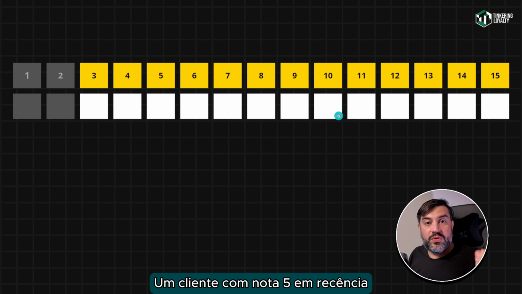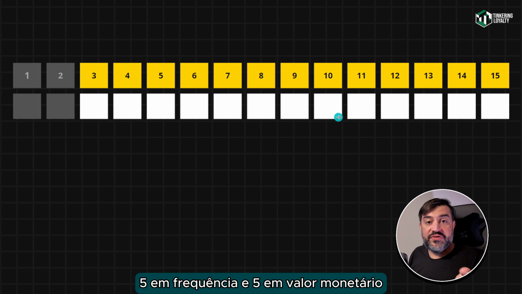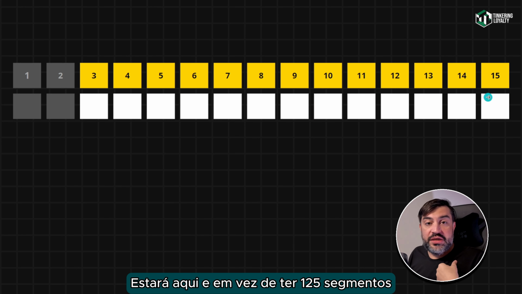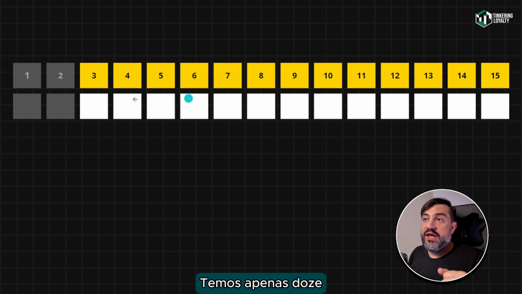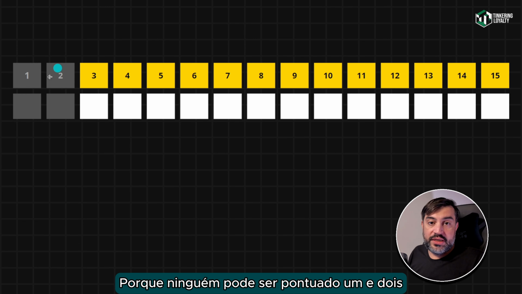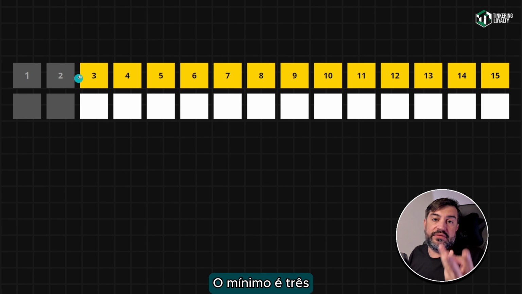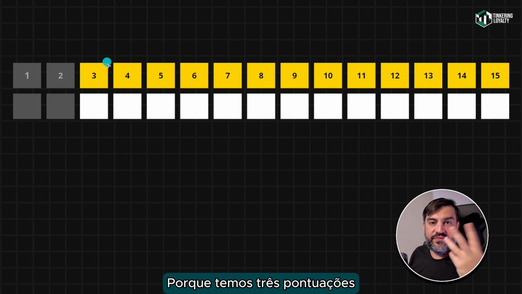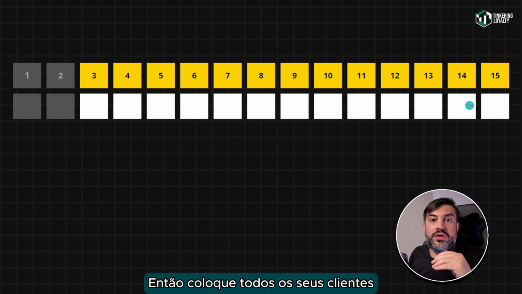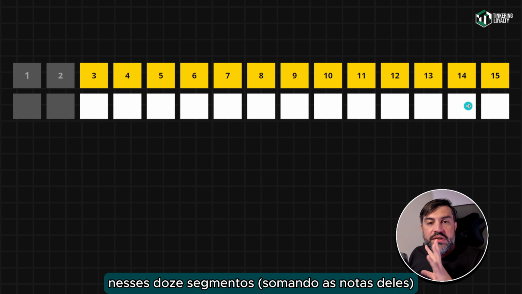So a guy that was 5 in recency, 5 in frequency, and 5 in monetary value will be here. Instead of having 125 segments, we have only 12, because no one can be score 1 or 2, because the lowest is 3, because we have 3 scores. So put all your customers in these 12 segments.